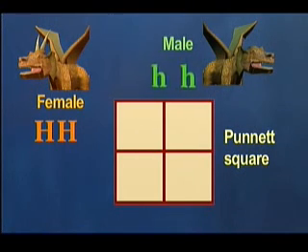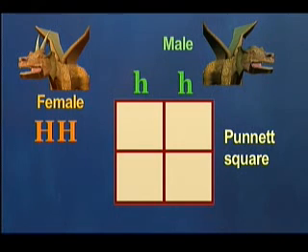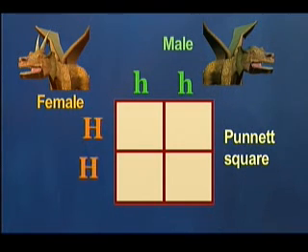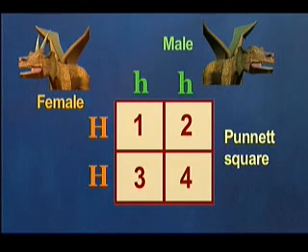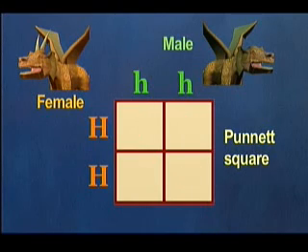The father's alleles are on one side of the square, and the mother's alleles are along the adjacent side. The 4 boxes inside the square correspond to the 4 possible allele combinations for the children. The top left square gets a capital H from the mother and a small h from the father.